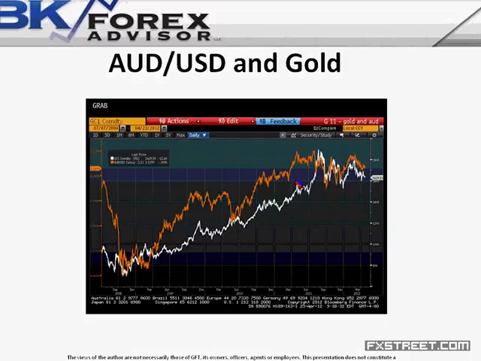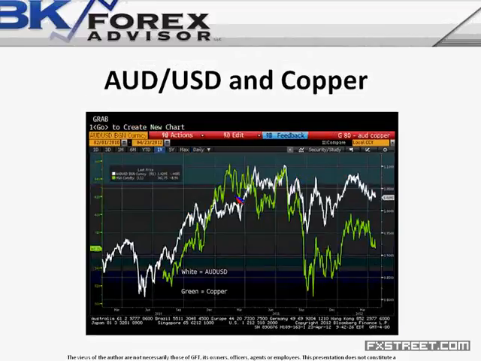There's also a very strong relationship between the price of the Aussie dollar and copper. The white line in this chart is the Aussie dollar, and the green line is copper. And you can see that the correlation has also lasted since 2010. We tend to have larger moves in copper than we have in the Australian dollar.